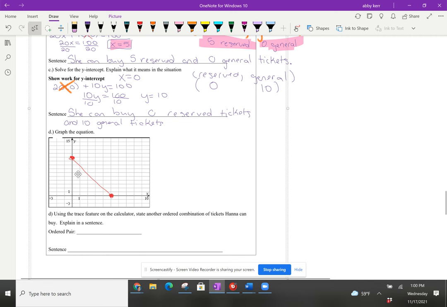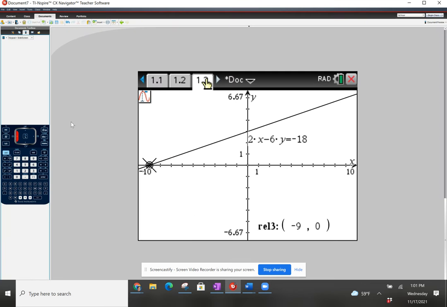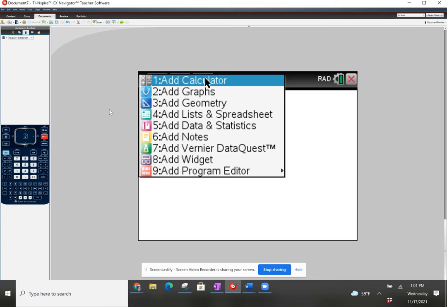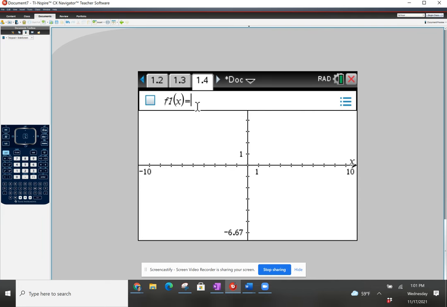Real life situations are slightly different. But the part that I really want you to concentrate on is part D, using the trace feature on the calculator to state another combination of tickets Hannah can buy. This is where you have to use the tracing.